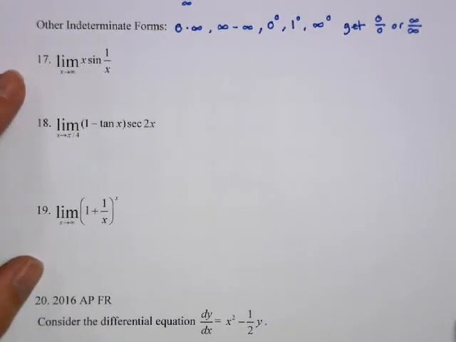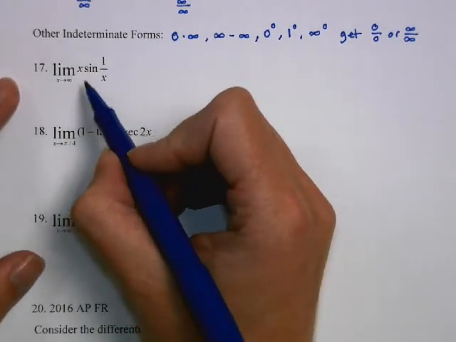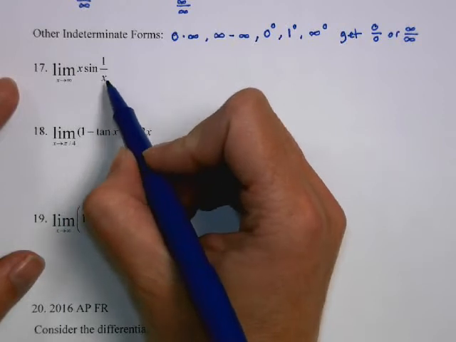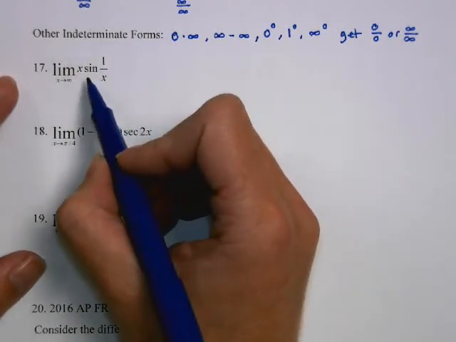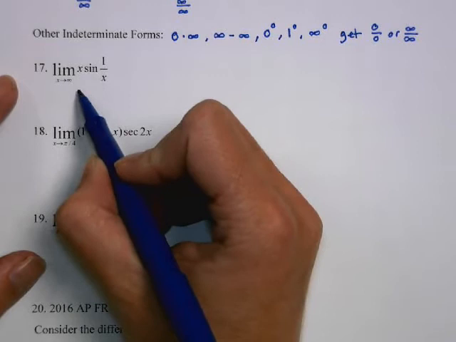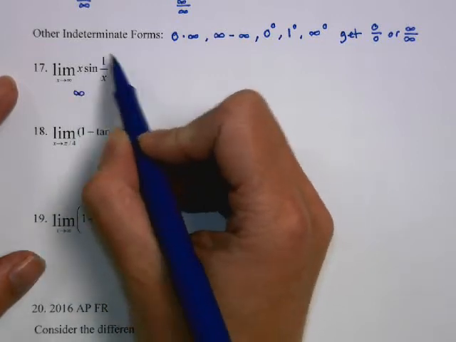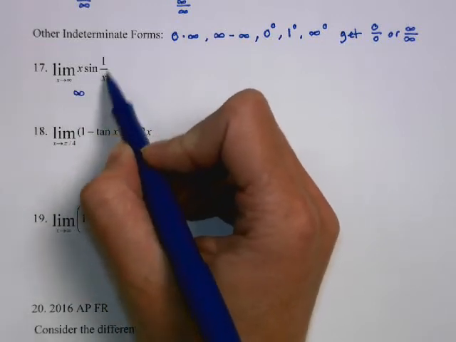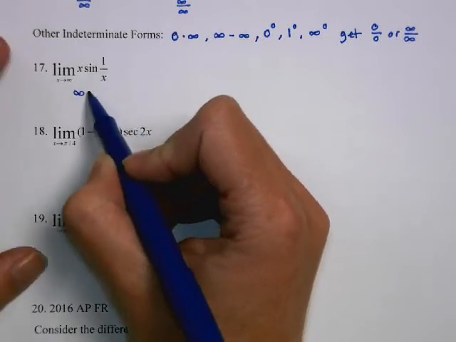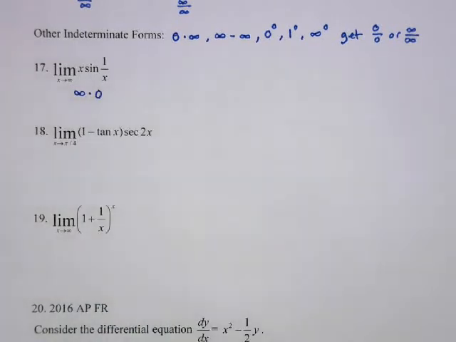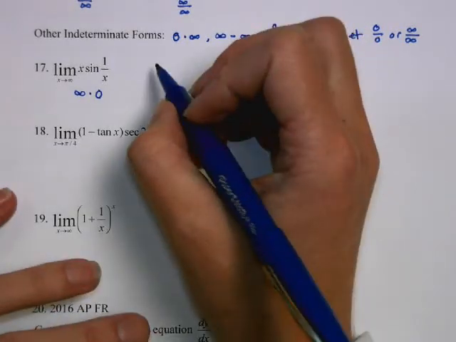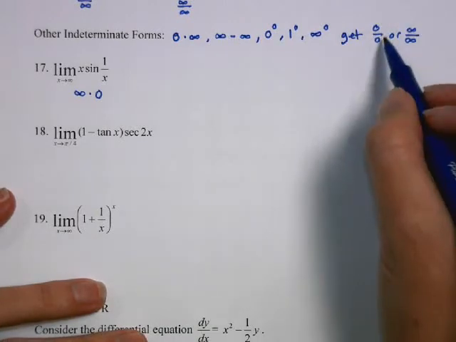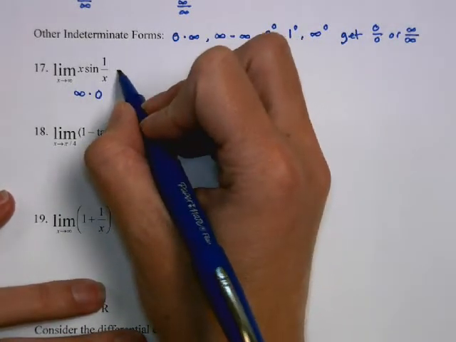So if we take a look at this first one here, as we go to infinity of x times sine of 1 over x. As we go to infinity, this is going to go to infinity. 1 over x is going to go to 0, and sine of 0 is 0. So what we have here is infinity times 0. But I can rearrange this to make it so that it's 0 over 0.